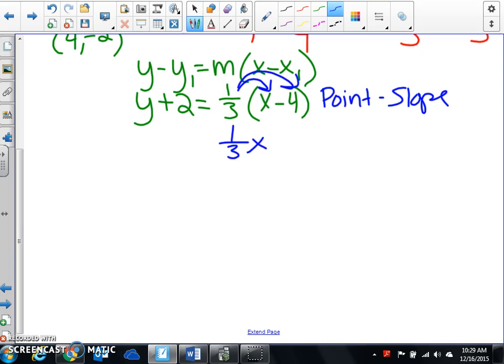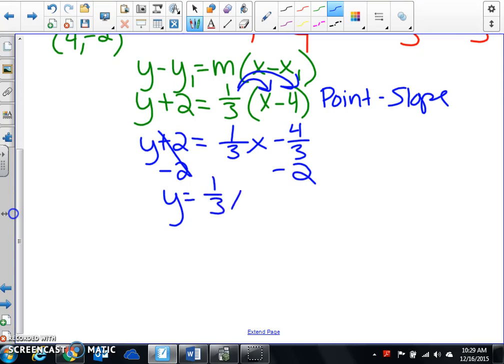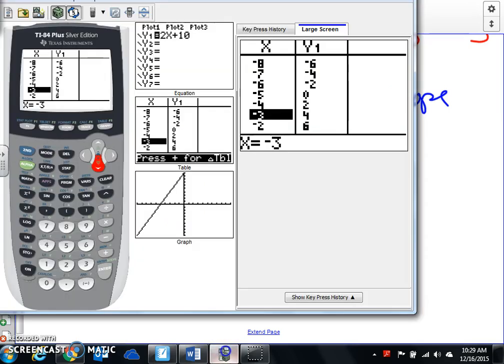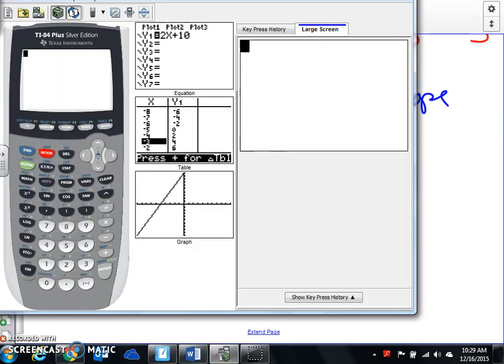1 times negative 4 is negative 4. Negative 4 divided by 3 is just negative 4/3. And I subtract 2 on both sides. y equals 1/3 x. Now, if you have no idea how to do that in your head, it's okay. This is negative 4/3 minus 2. So you can go to your calculator. Remember, fractions we put in parentheses.